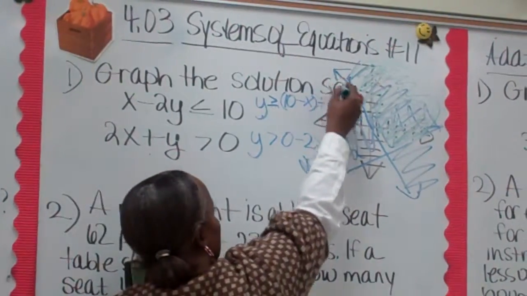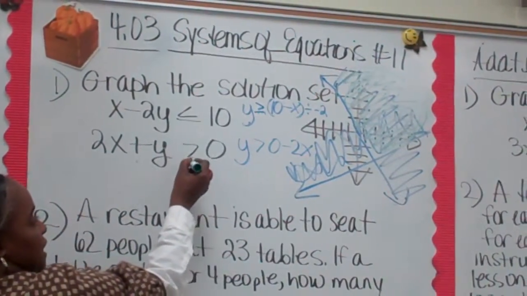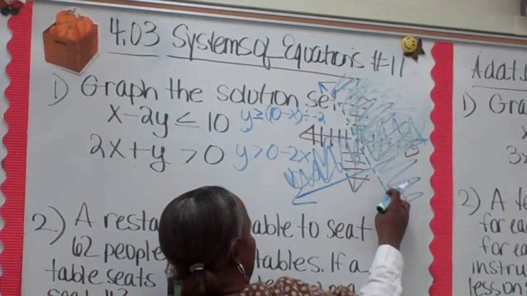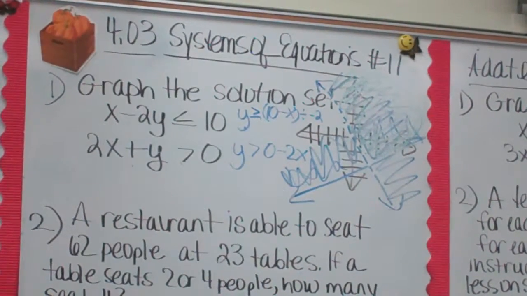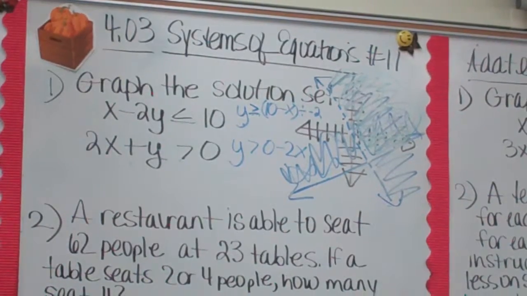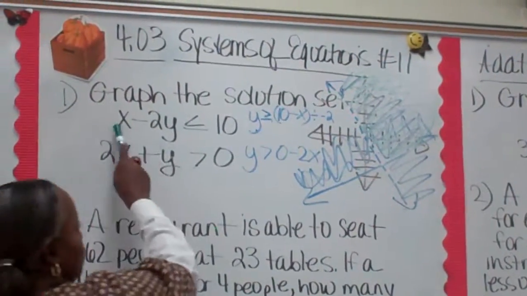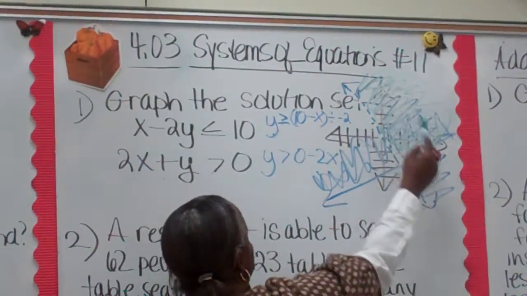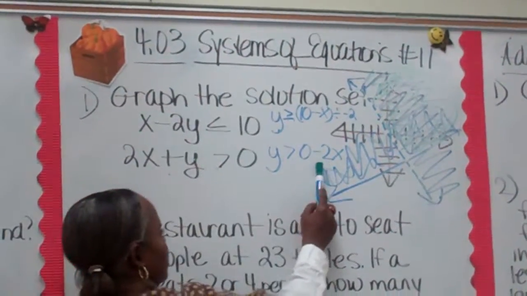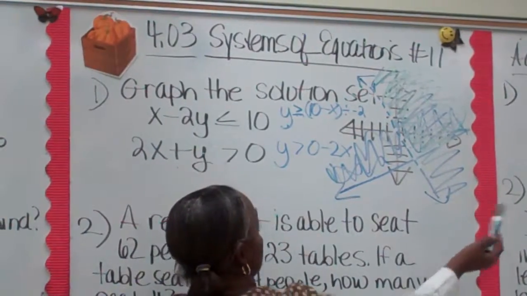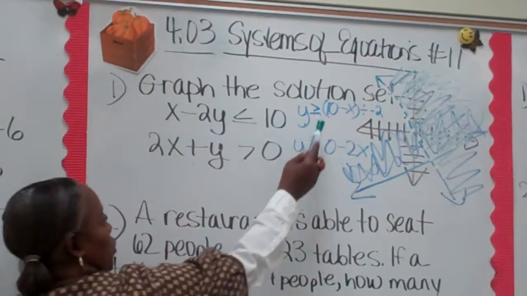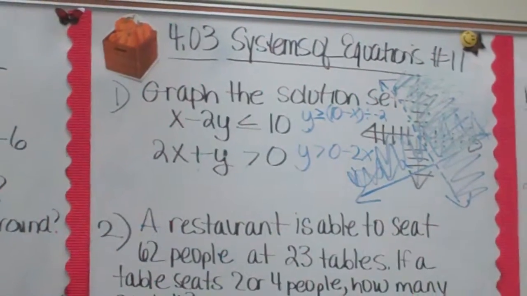Now, the thing I want to make with that second line is it does not say equal to. So this second line is really a dotted line and then shade above. So again, you solve for y, graph it, shade above. Why was I shading above? Because both of these were greater than, meaning shade above.